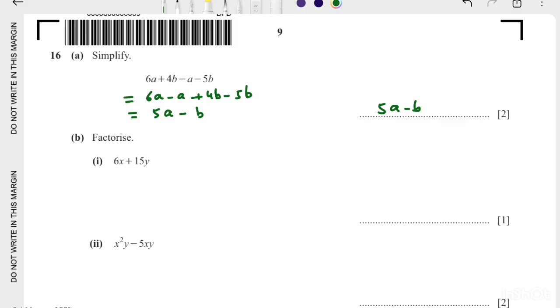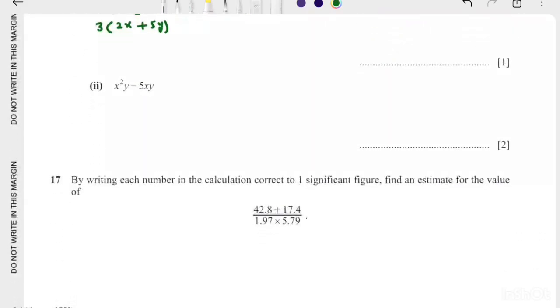Factorize. We have to take a common factor, and that is 3. Here comes 2x plus 3y. 3 fives are 15. It will be 5y. Next part, we have to take xy as common.